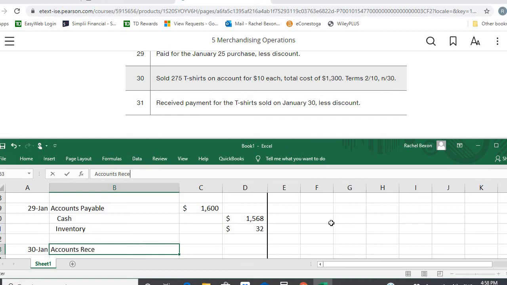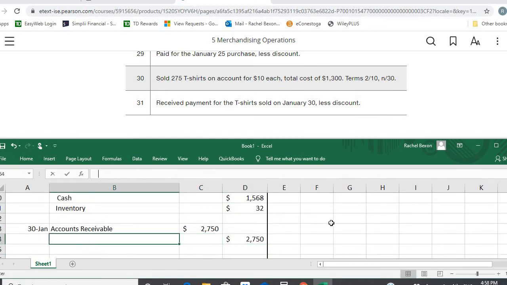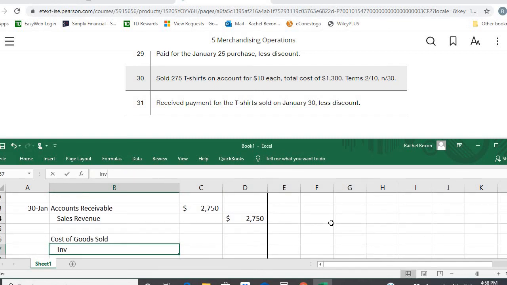So I've got an accounts receivable equal to 275 times 10, $2,750. Our revenue amount is the same, a credit to sales revenue for $2,750. However, we're not finished. We also have to record the cost of goods sold and the reduction in inventory. And these amounts were provided in the question.